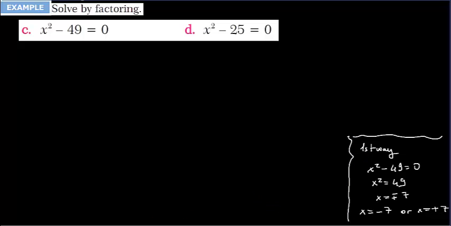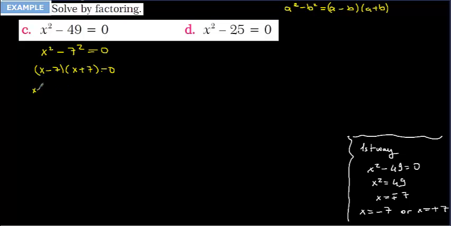But now here it says solve by factoring. We can use the formula a squared minus b squared, which is equal to a minus b times a plus b. So here x squared minus 49 is equal to x squared minus 7 squared, which is equal to 0, and x minus 7 times x plus 7 is equal to 0.